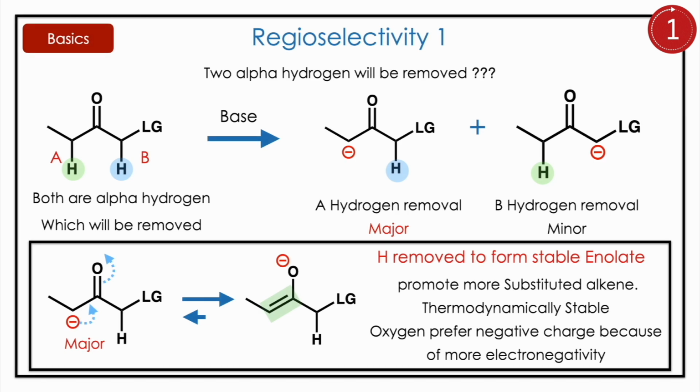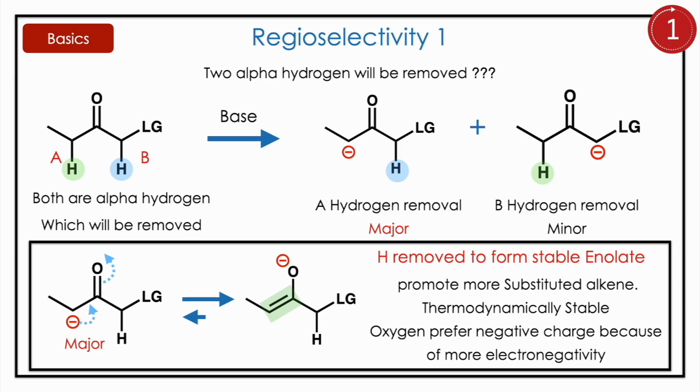Then the regioselectivity. There can be two types of regioselectivity. We will see them one by one. Suppose you have two alpha hydrogens, which will be removed? Here I have shown the condition with two alpha hydrogens, A and B. You can remove both to form the nucleophile, but A is the major. Why?